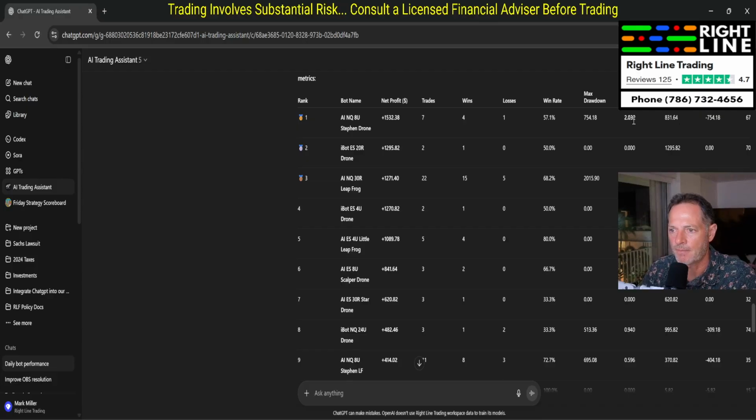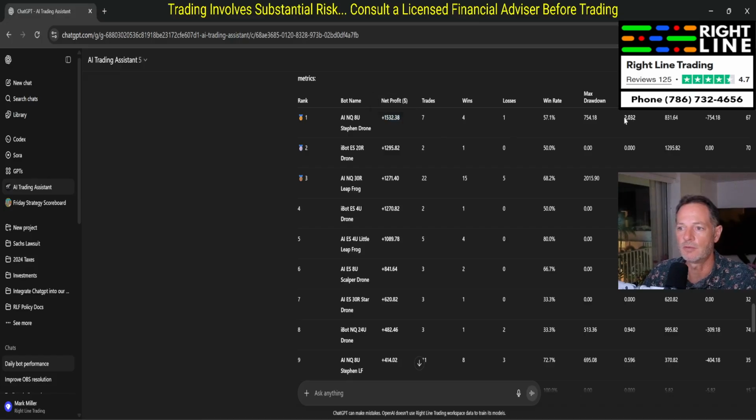And one of the most clever features that I've uncovered since getting the ChatGPT agent going is this risk ratio. What that does is it talks about the max drawdown and then how much profit you had. So in this case, you invested or risked $750 to make 1,532.